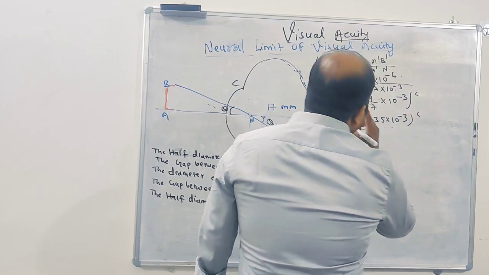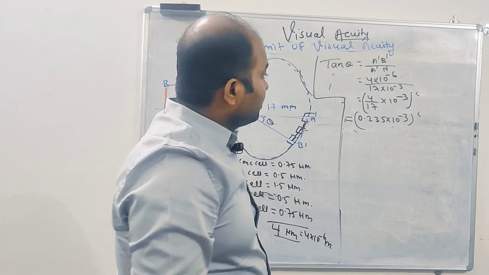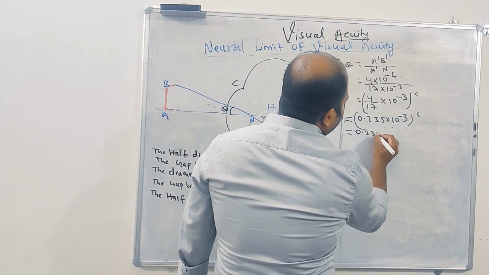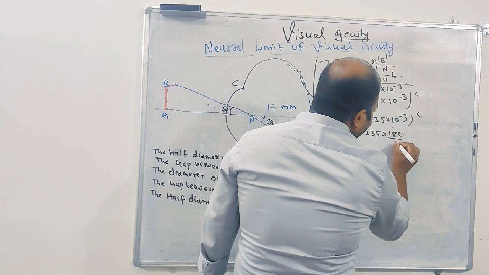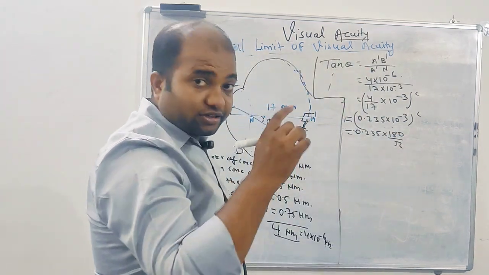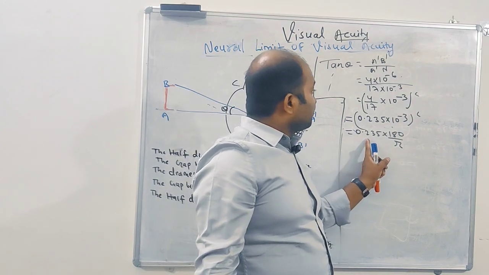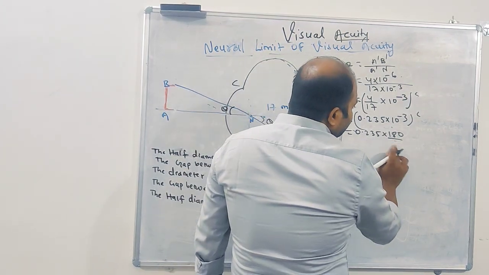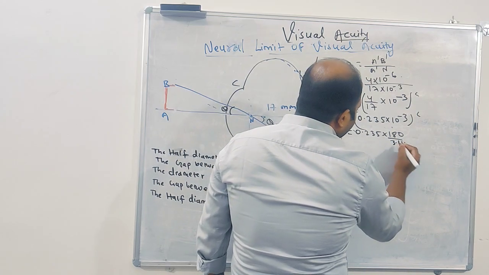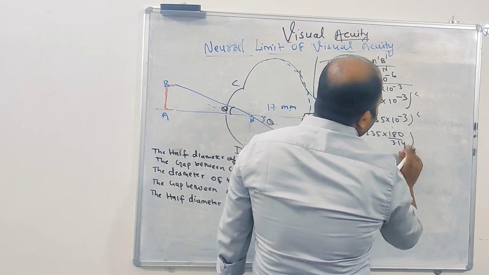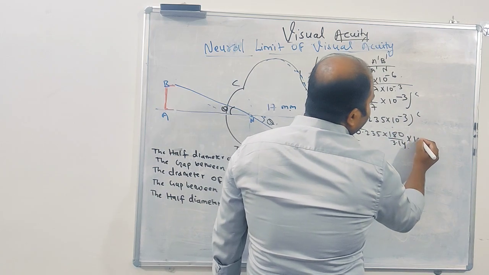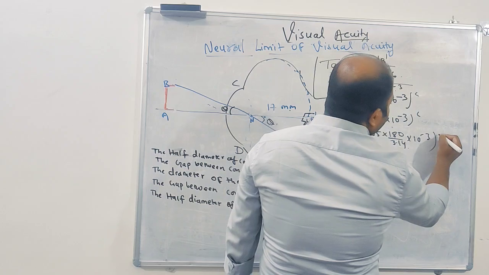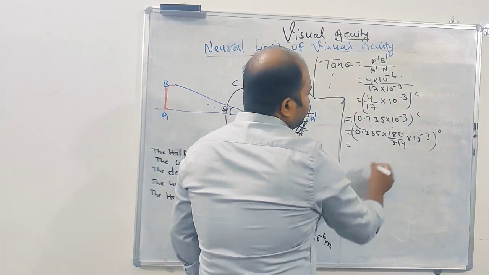This is in radian. Okay, let me convert into degree. If I want to convert from radian to degree, as I discussed in earlier lectures, we have to multiply by 180 by pi. The pi value is 3.14. So 0.235 into 180 by 3.14, into 10 to power minus 3. Now this is in degrees.